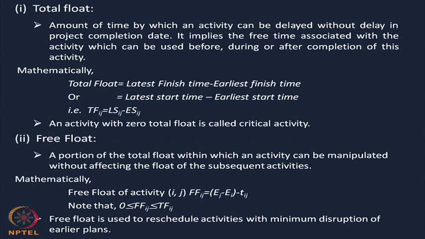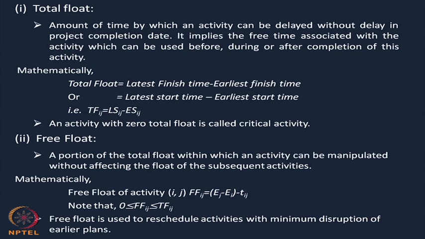What is total float? Total float is the amount of time by which an activity can be delayed without delay in the project completion date. It implies the free time associated with the activity which can be used before, during or after completion of this activity.